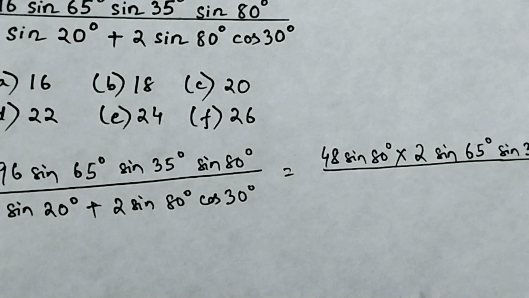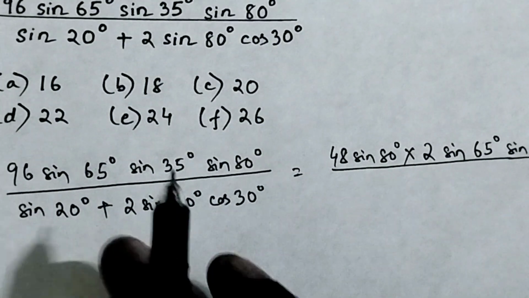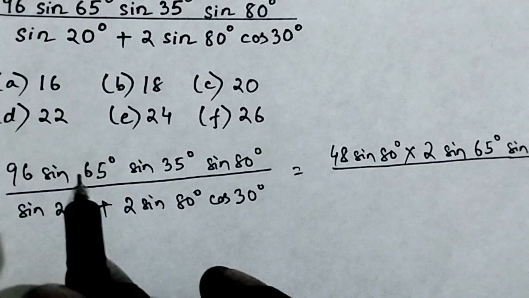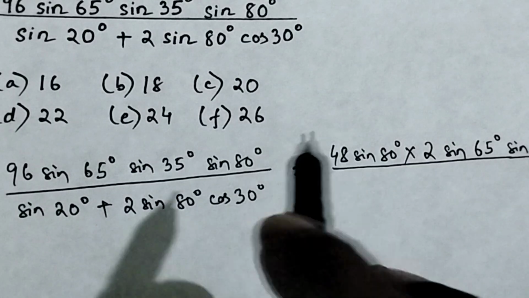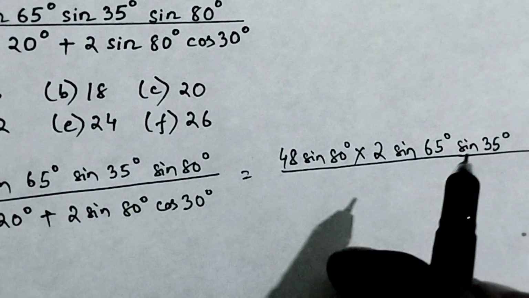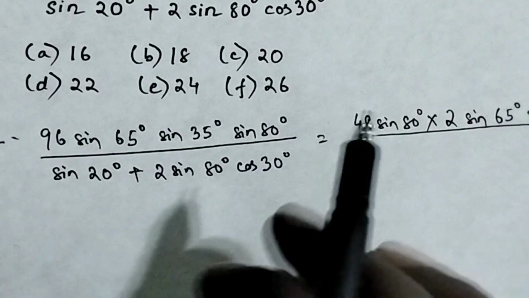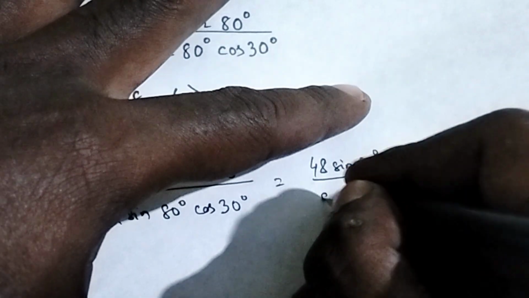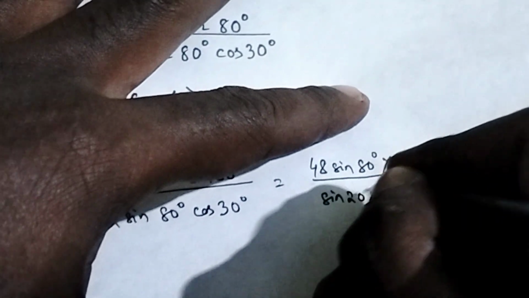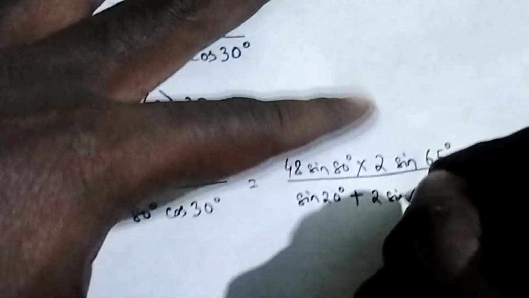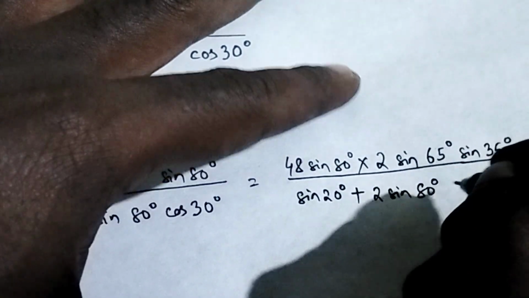So 48 into 2 is 96. So I'm writing this 96 sine 65 sine 35 sine 80 this way: 48 sine 80 degree into 2 sine 65 degree into sine 35 degree. And in the denominator we have sine 20 degree plus 2 sine 80 degree.